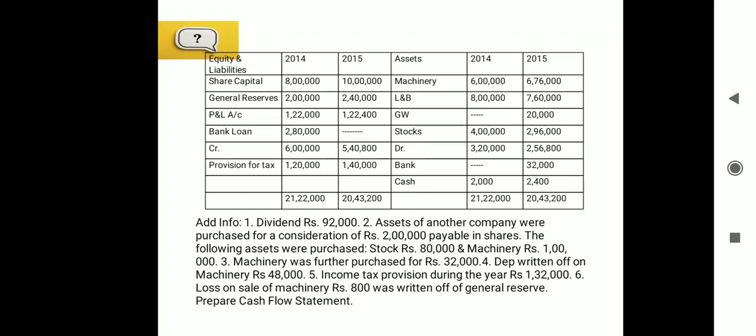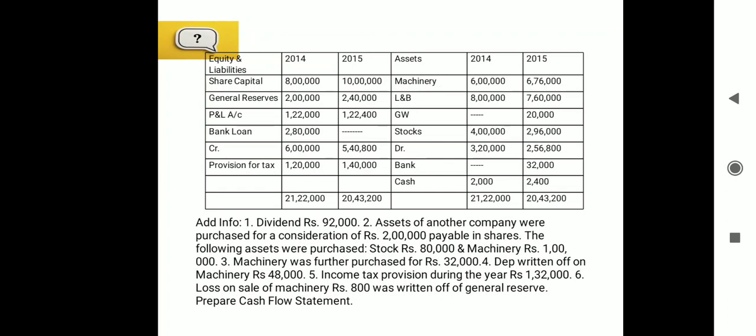The simple assumption is that we have repaid the bank loan. If I repay, that means it will be an application of cash, and since the bank loan is part of debt, it will be under cash flow from financing activities.